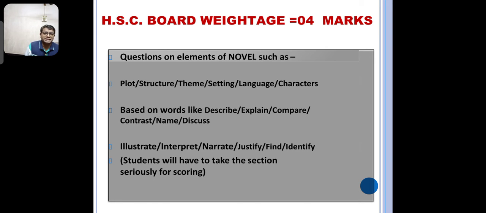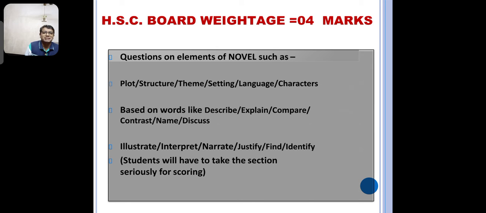They have not given any kind of extract. Rather, they design the activities on the basis of plot, structure, theme, setting, language, and characters.